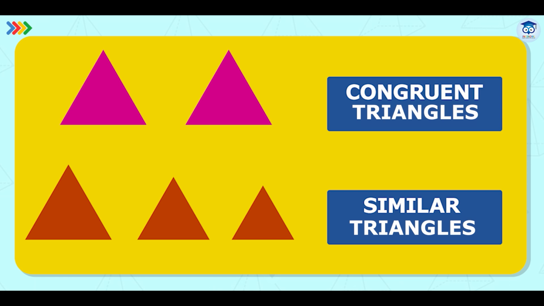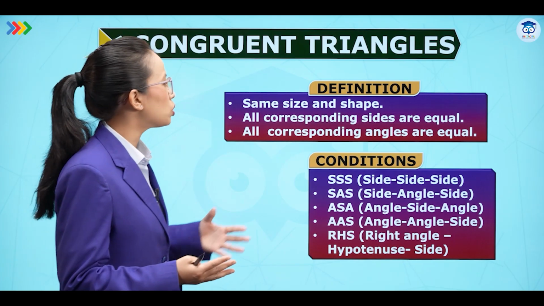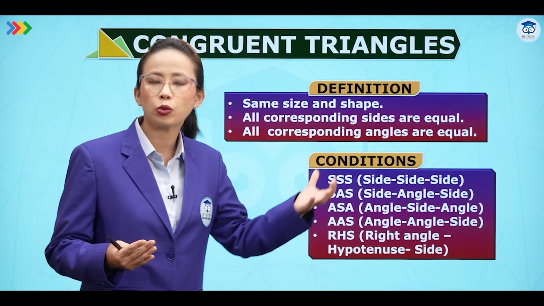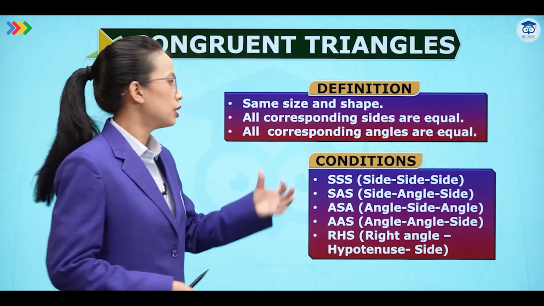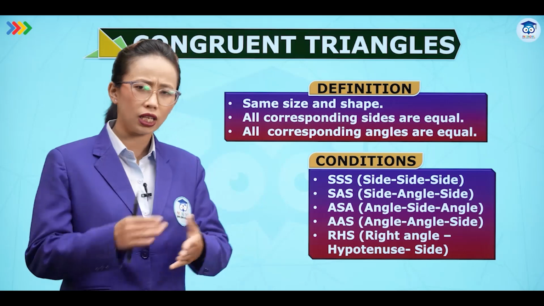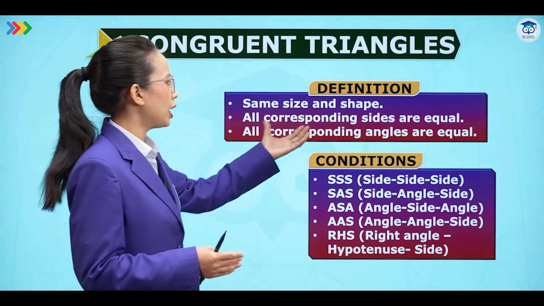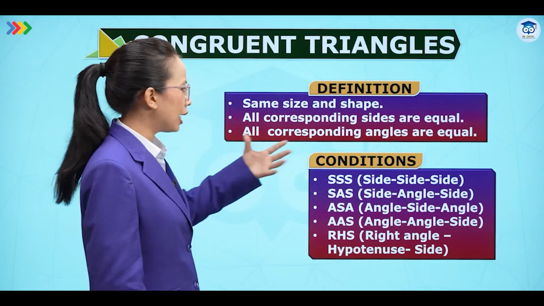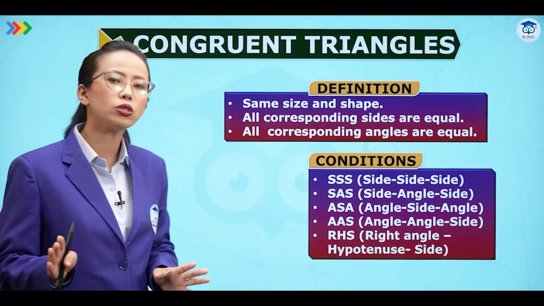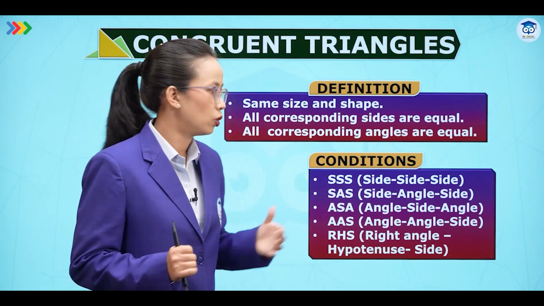But in congruency, we have the same size and the same shape. So the difference is that all the corresponding sides are equal, not in ratio. The side lengths will be equal, the angles will be equal, and the corresponding sides will be equal. That's what we are going to add. Angles are already equal in similarity and in congruency also.